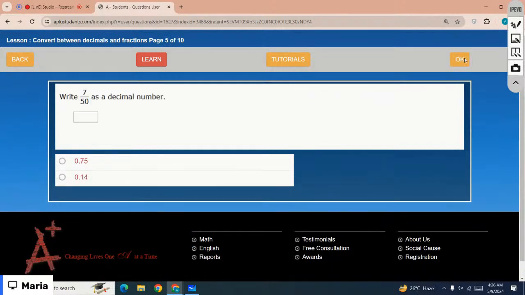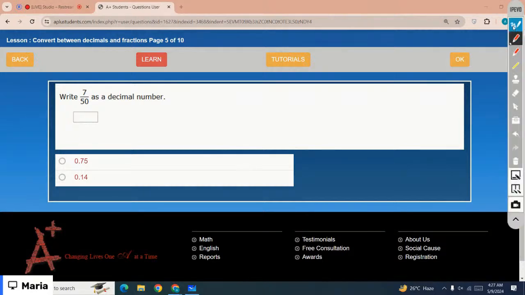Okay, write 7 over 50 as a decimal number. So which is the correct option? You have to write it as a decimal, right? So you need to make the denominator equal to 100. So 50 times 2 is 100.